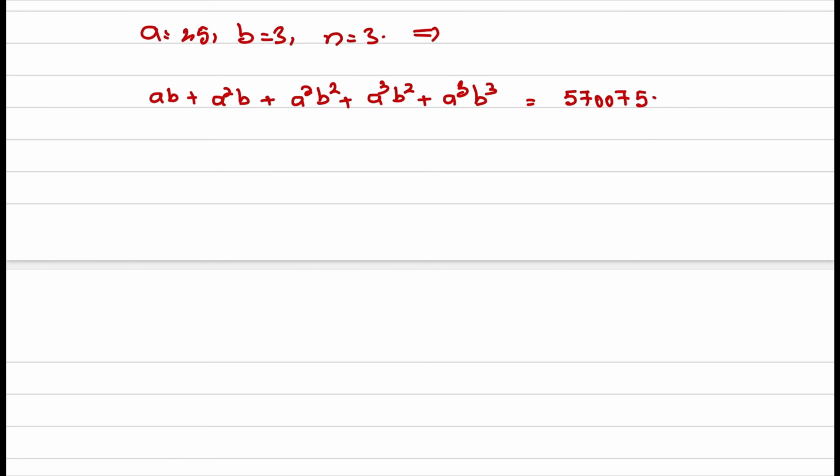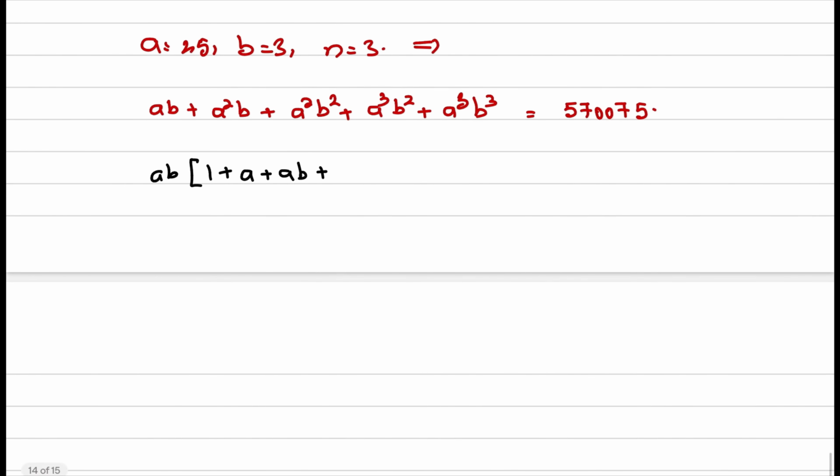That means AB into 1 plus A plus AB plus A square B plus A square B square should be equal to 570075.